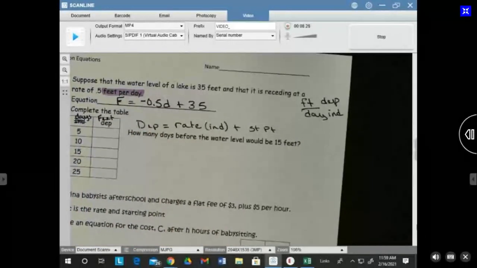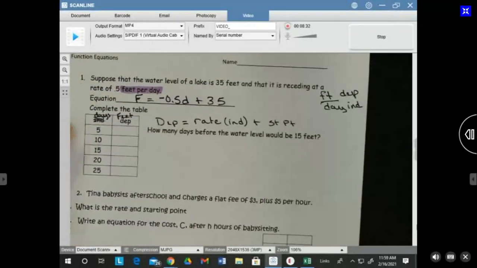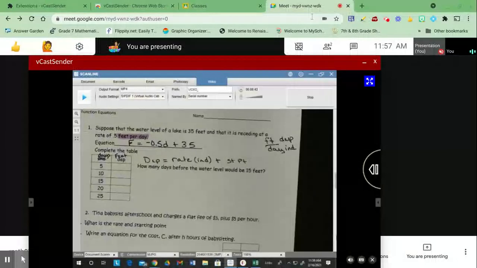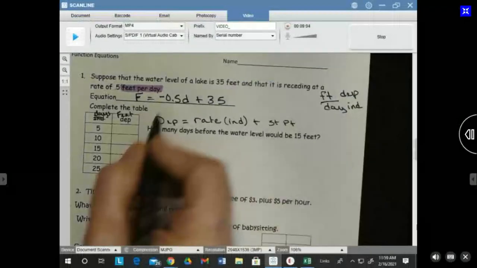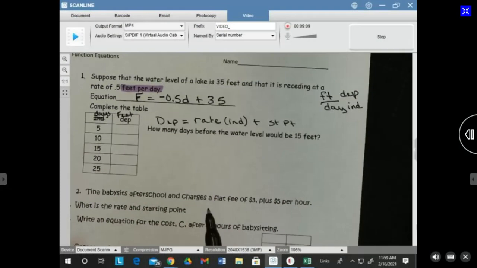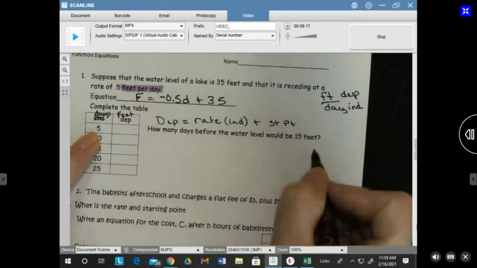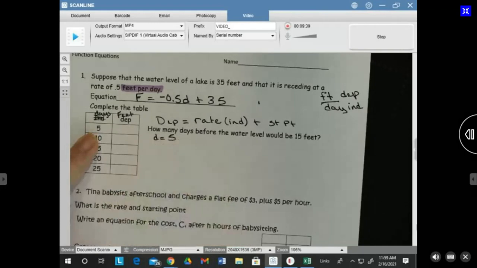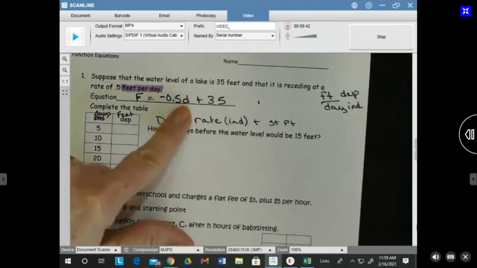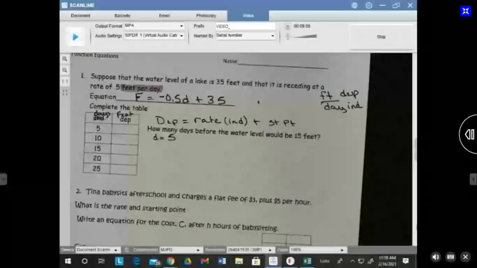So if I have 5 days, then this says that D is equal to 5. 5 days. D equals 5. So I'm going to come up to my equation, and instead of writing a D, I'm going to put in a 5.